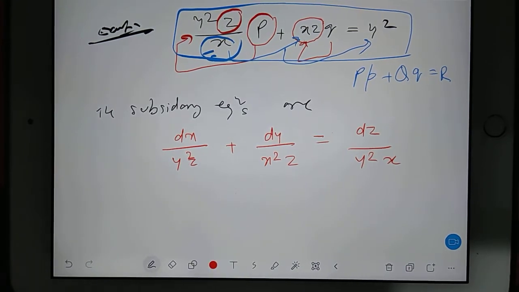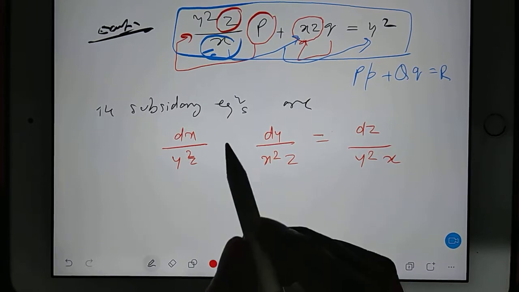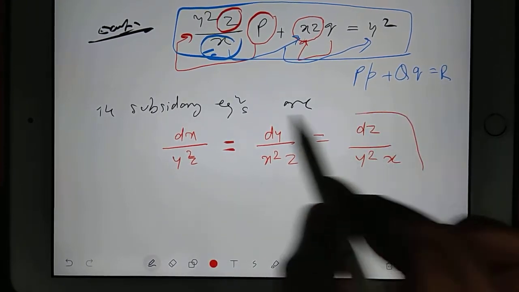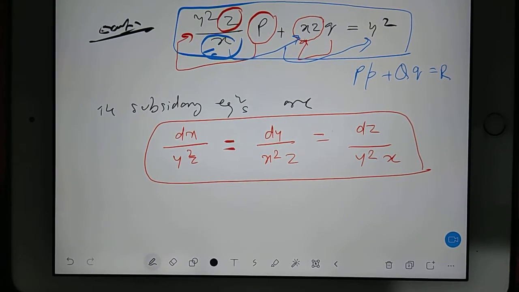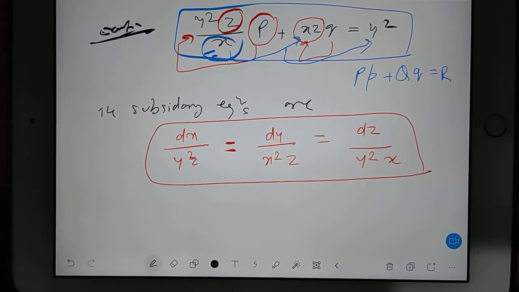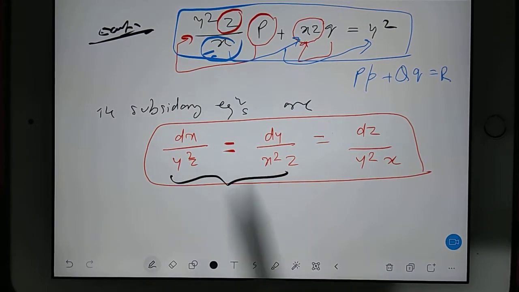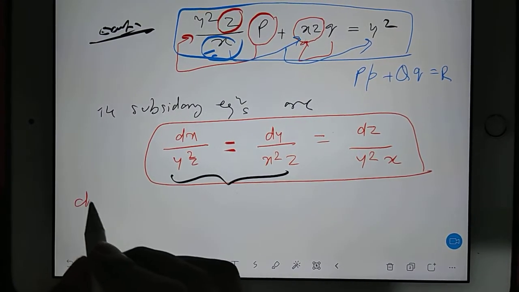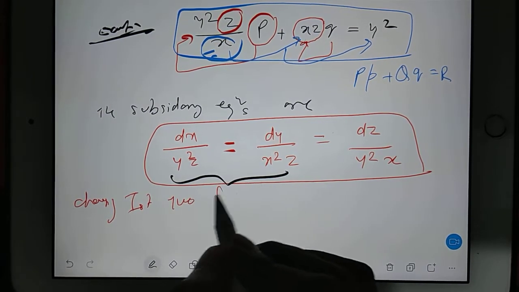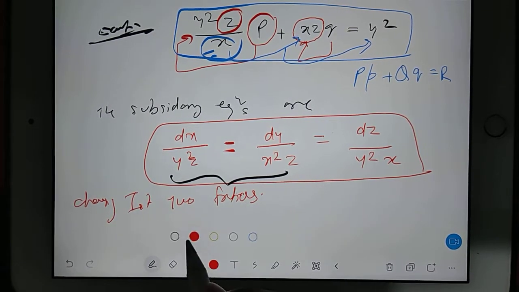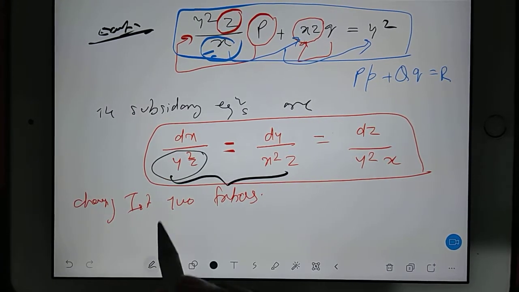Now, with the help of the equal signs, whatever terms you are seeing here, we will choose and solve. Any two fractions you will take and you will solve. So we can choose the first two fractions here.